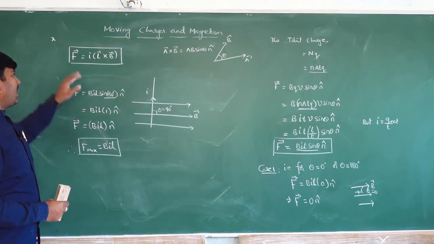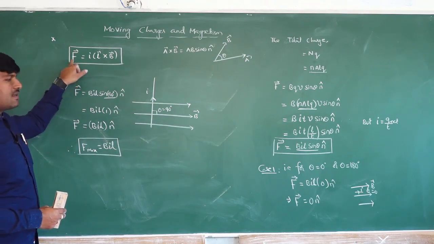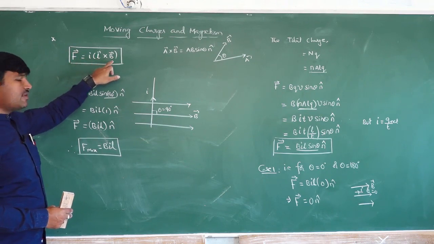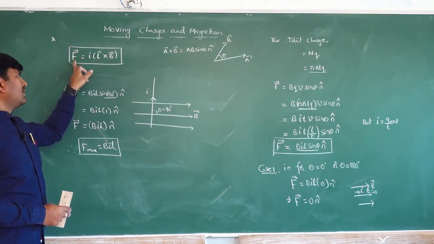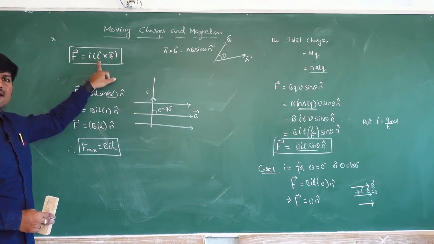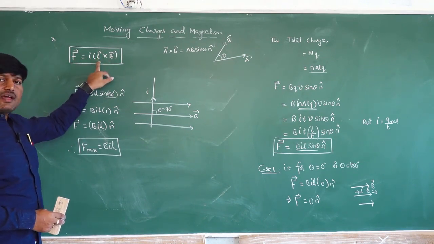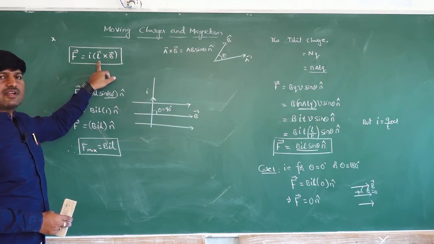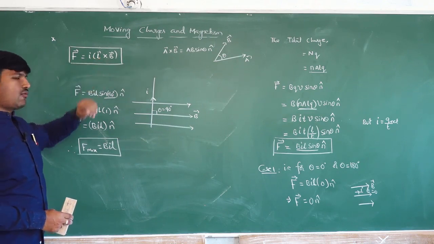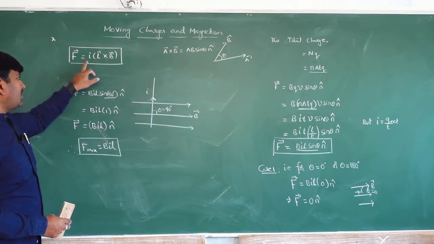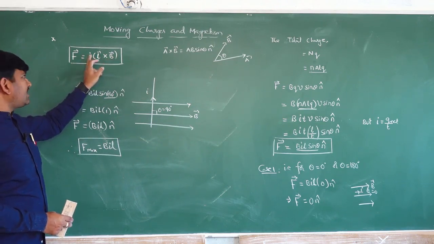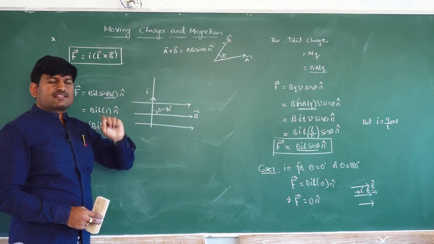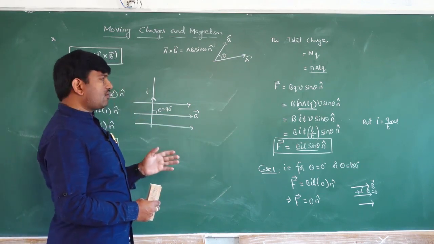Here the vector notation for the force is represented like this. L bar cross B bar gives the direction for the magnetic force. Generally, length is a scalar physical quantity, but here, for small elemental lengths, we treat it as a vector. Current is scalar, magnetic field is vector, length is scalar, but the small current element, I into dl, is taken as a vector quantity. Why?